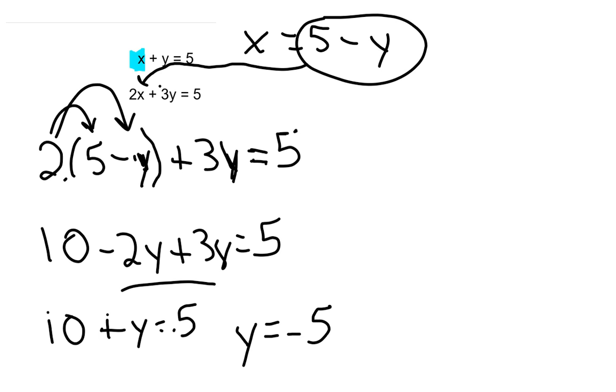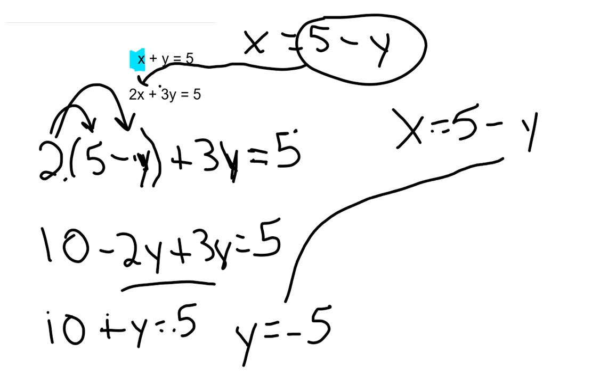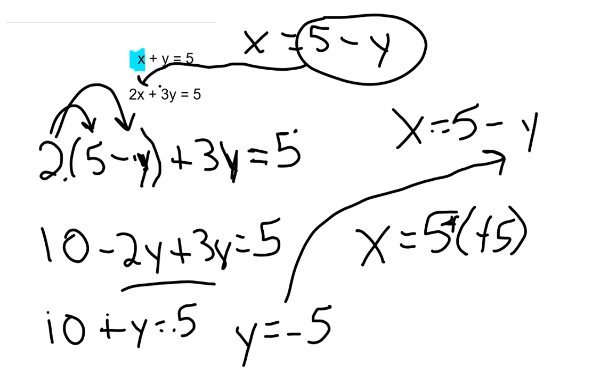negative 5. Now the nice thing about it is up here I already solved for what x is going to be. x is going to be 5 minus y. If I solve with y here, I've got to be careful with my signs. x equals 5 minus negative 5. Anytime I'm subtracting a negative, it's just like I'm adding. x equals 5 plus 5, or 10.